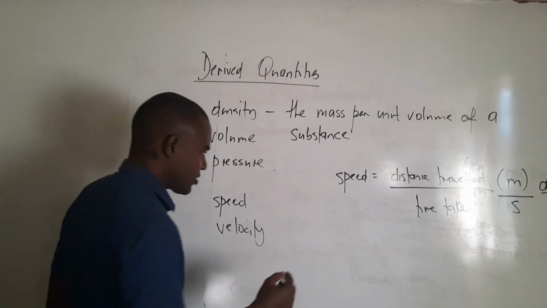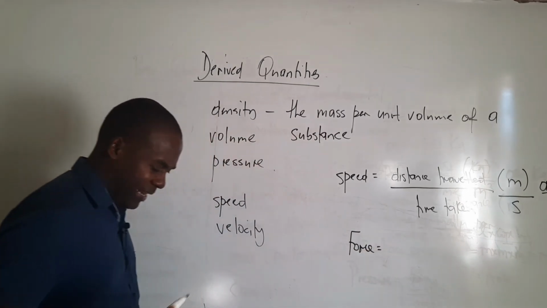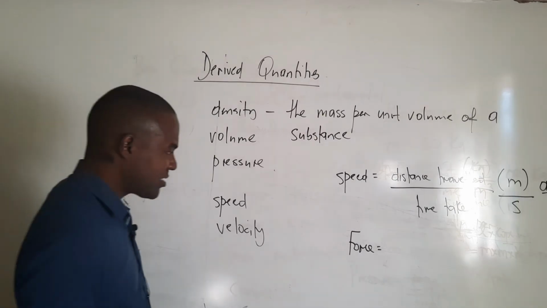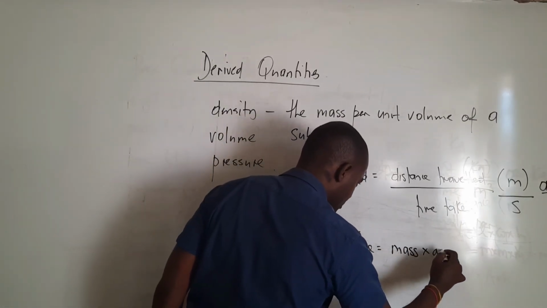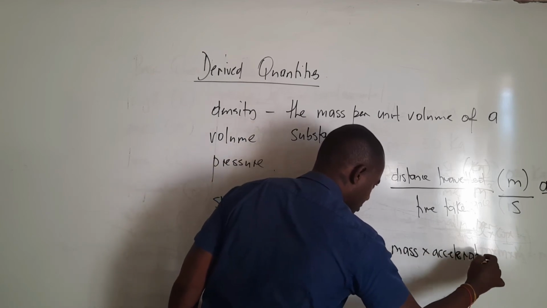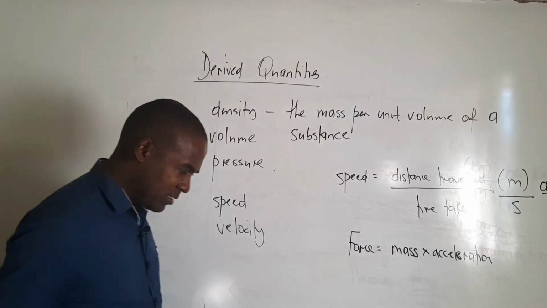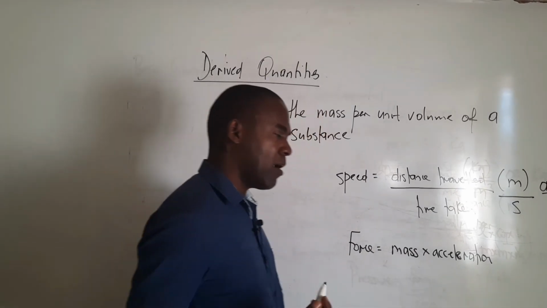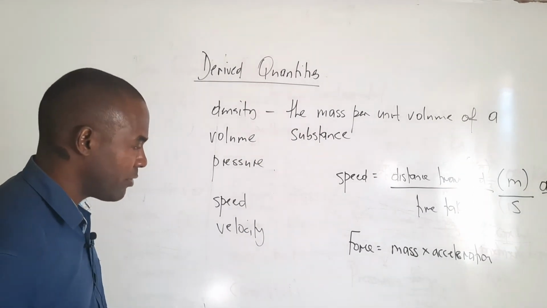What about force? The formula for calculating force is basically mass times acceleration. So the SI unit of force is obtained by multiplying the SI unit of mass by the SI unit of acceleration.